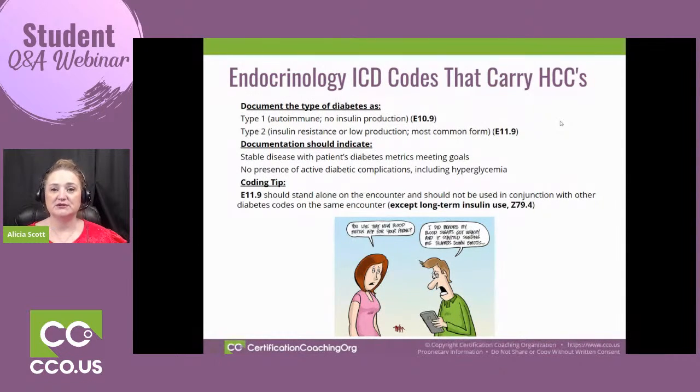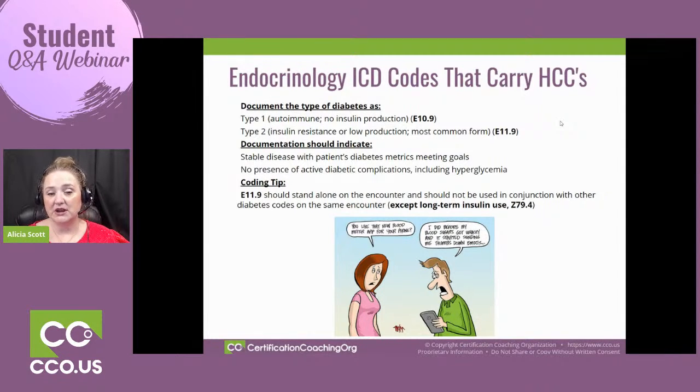This is going to be beneficial for all the credentials that we work with. However, I'm going to highlight some information on risk adjustment. And after we do endocrinology, I think we'll do some other specialties as well. So let's just jump right in.